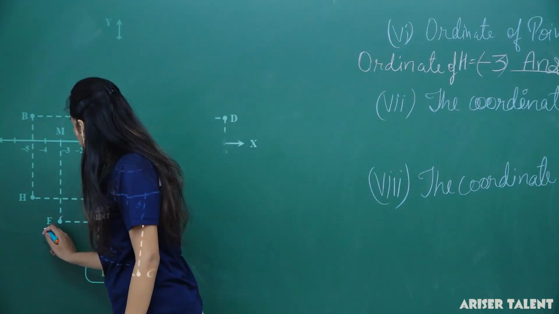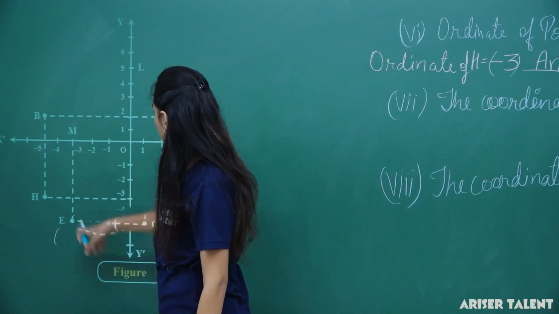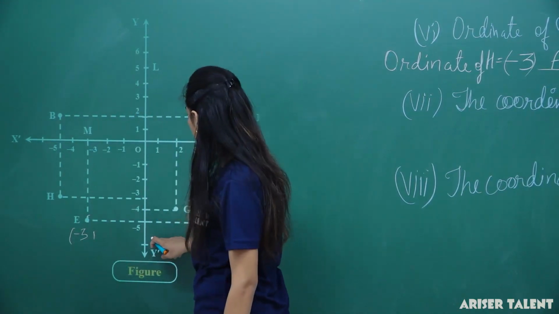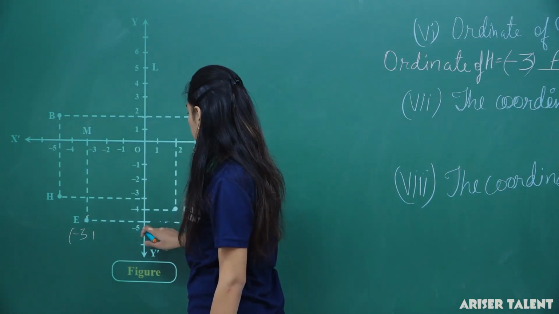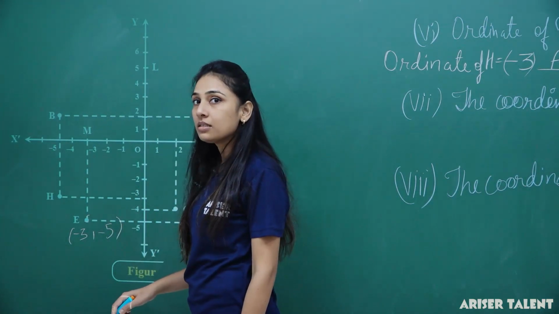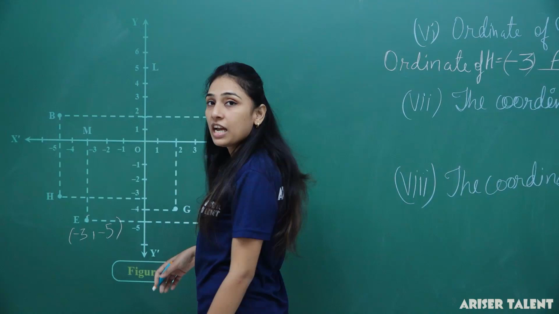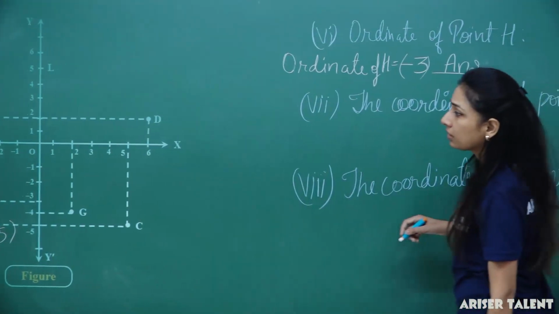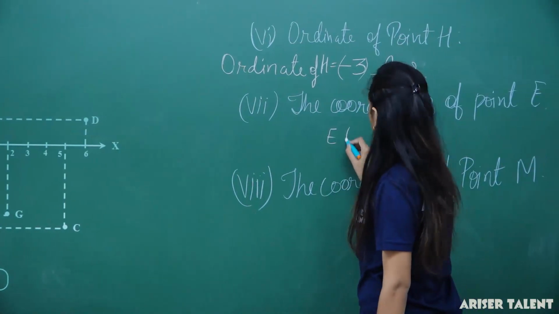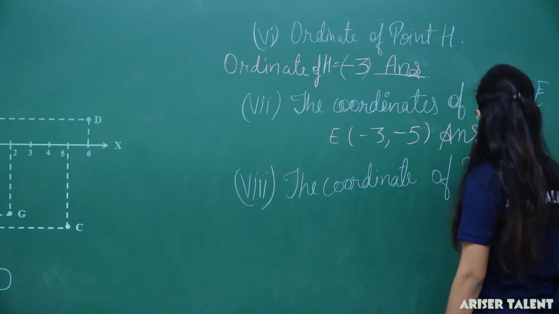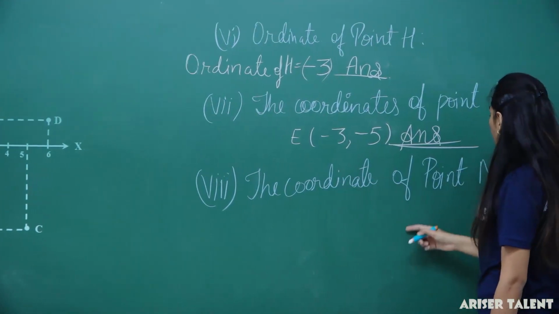If I talk about this point E, the abscissa on the x-axis is minus 5 and the ordinate is minus 3. So I'll be writing it here as E is minus 5 comma minus 3, and that will be my answer.